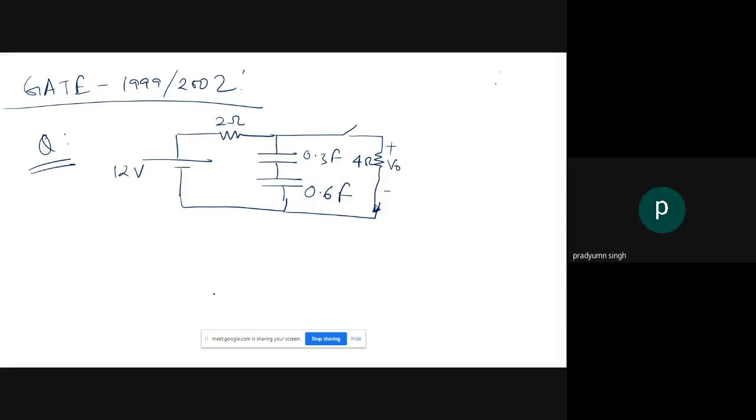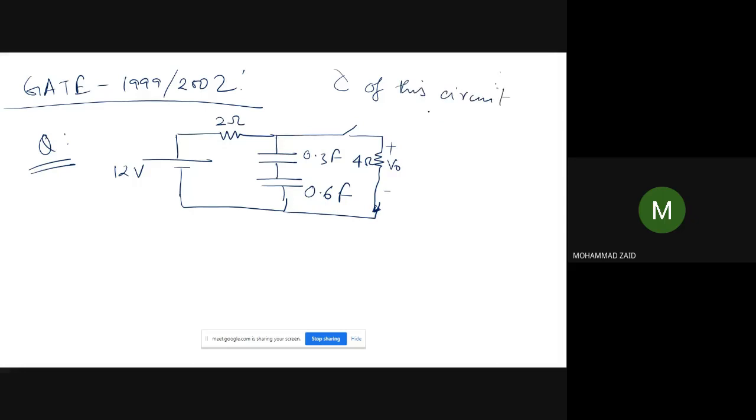Sir, 12 e to the power minus t by 0.8, e to the power minus 5t/6, and plus something else. First you need to find the time constant tau of this circuit.